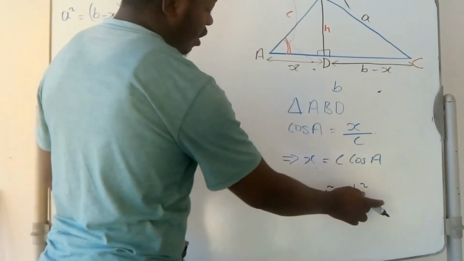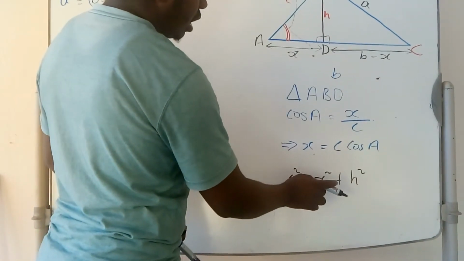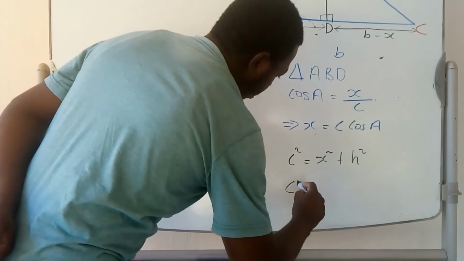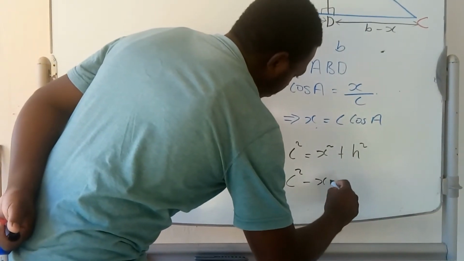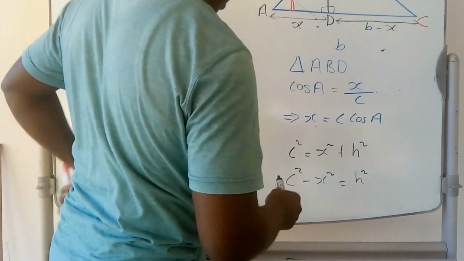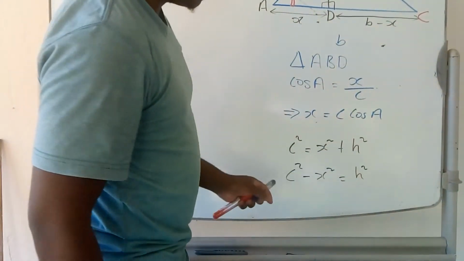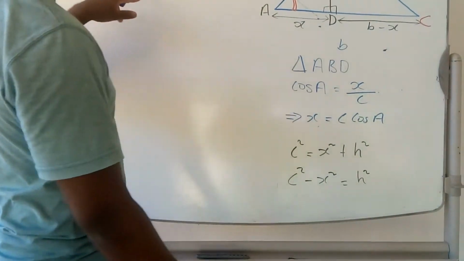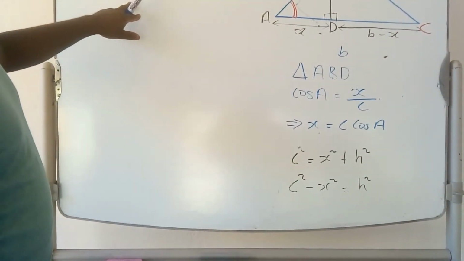So if I subtract x squared from both sides, on this side I'm going to have c squared minus x squared is equal to h squared. So now I know what h squared is. So I can substitute this value for h squared in this equation here, right?